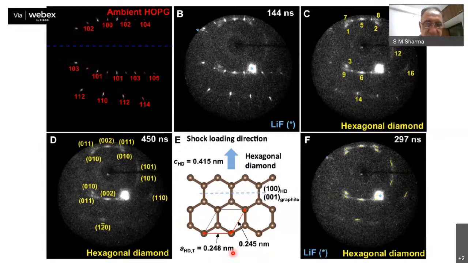So it's a single crystal graphite transforming into a single crystal of hexagonal diamond. And this is very important because of the in situ nature of this.